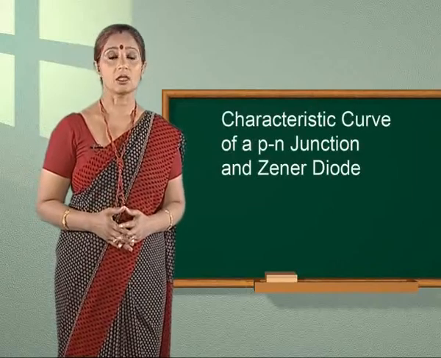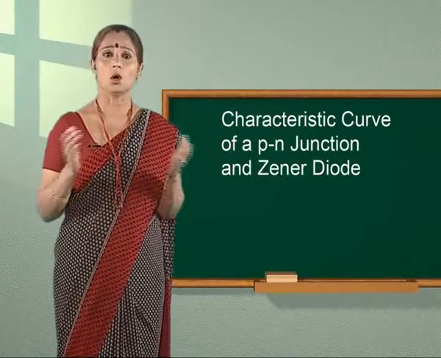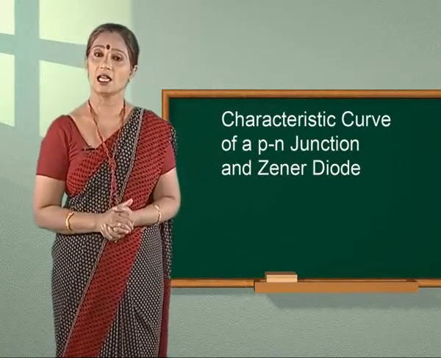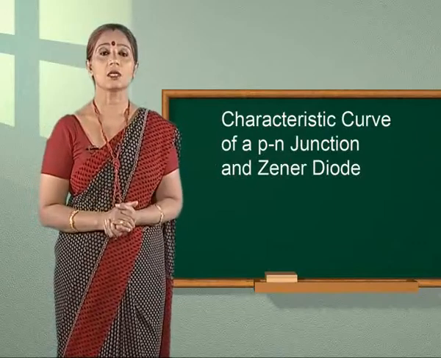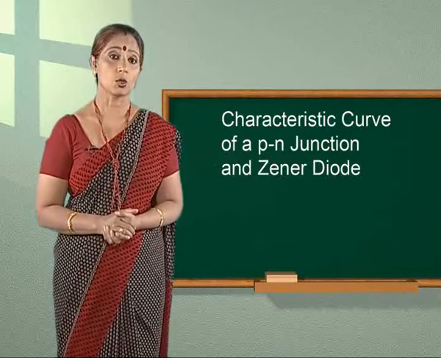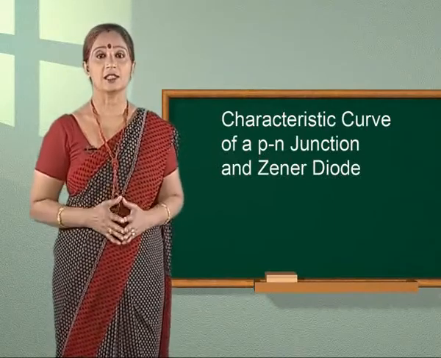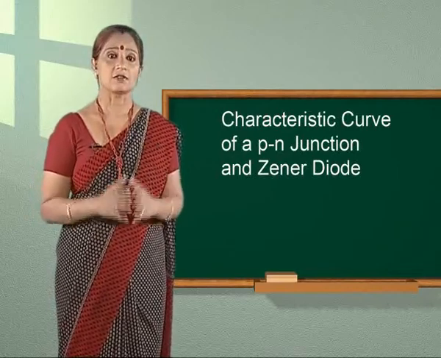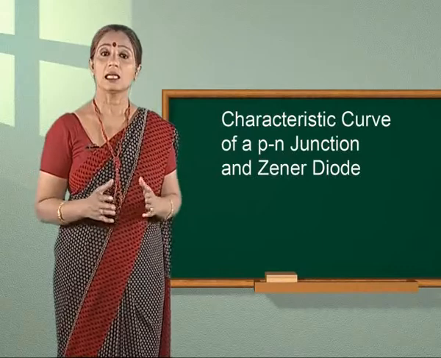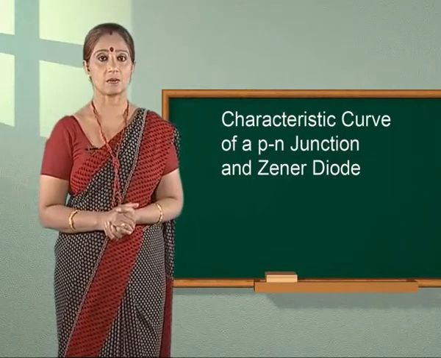PN junctions are elementary building blocks of almost all semiconductor electronic devices such as diodes, transistors, solar cells, LEDs and integrated circuits. They are the active sites where the electronic action of the device takes place.